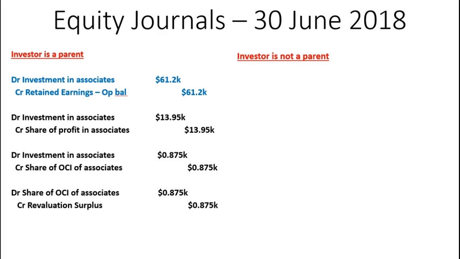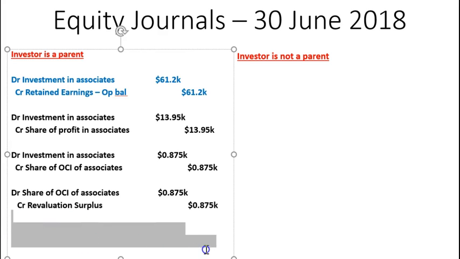So we need to have that accumulated equity from the revaluations in our revaluation surplus so that if we make further adjustments to the value of our assets, we can offset it. So if we were to decrease the value of the asset, we can offset it from our previous increase. So effectively, we just need to accumulate the value of our revaluations in this surplus. That's why we're transferring it in.